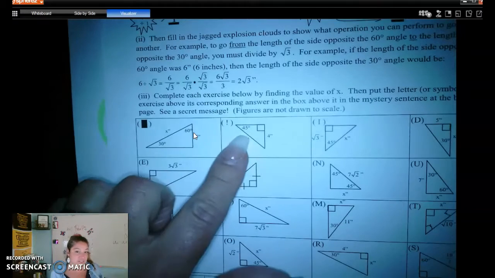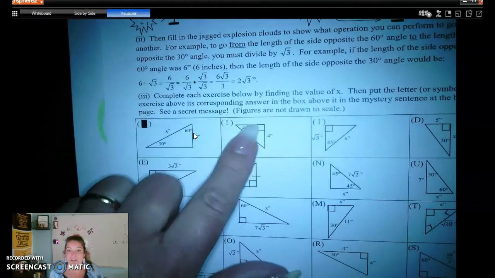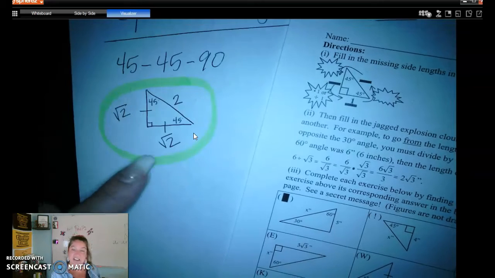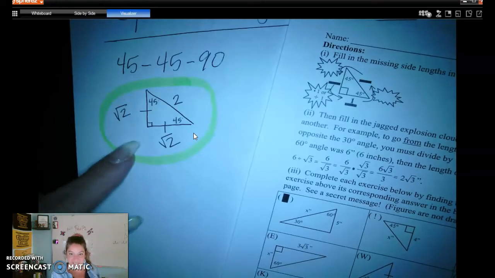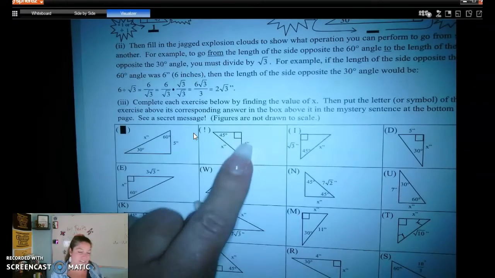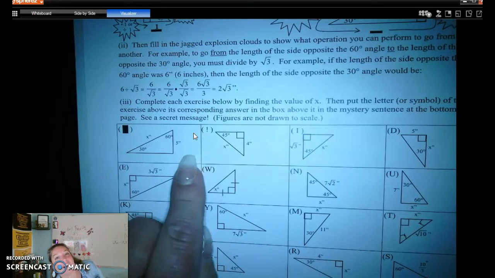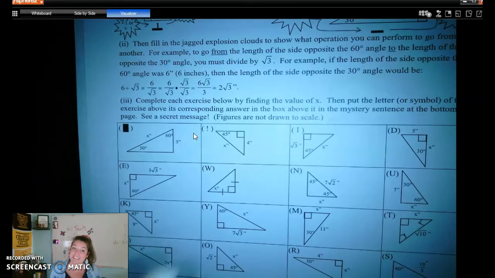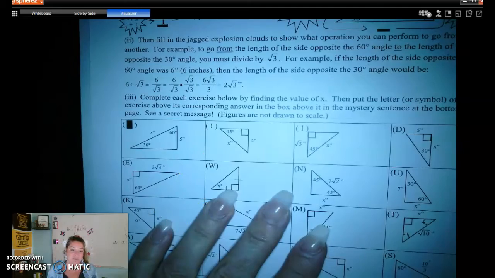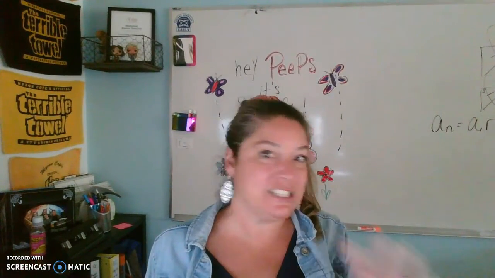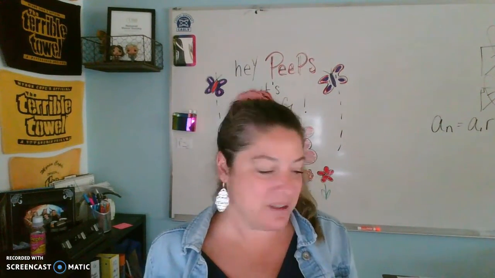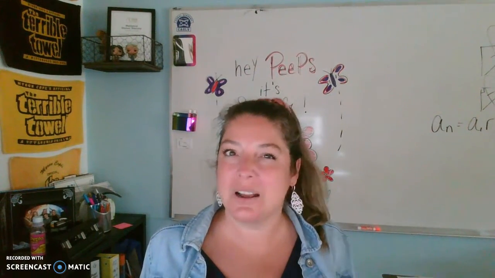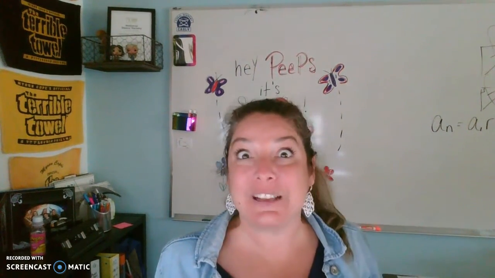If we have a 45, 45, 90 triangle, I can use the relationships between the sides. If I know that one of the legs is 4, I can figure out what the hypotenuse is, okay? So again, I'm going to show you today the foolproof, guaranteed, it's going to work every single time method. And then next week, I'll show you how the shortcuts kind of work, okay? All right, let's go get started.